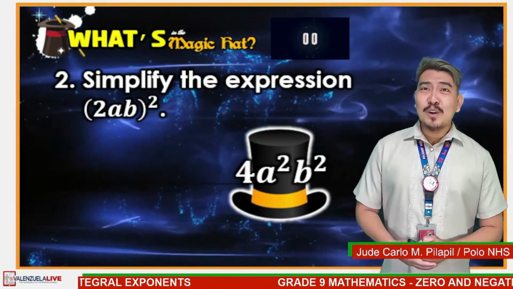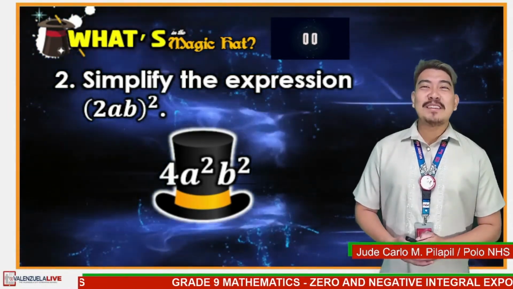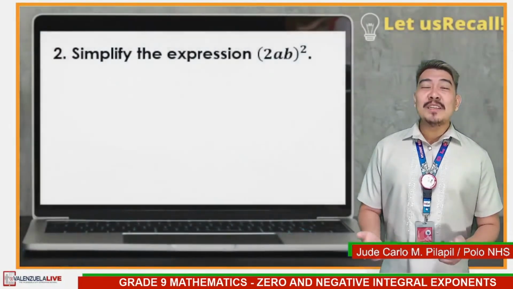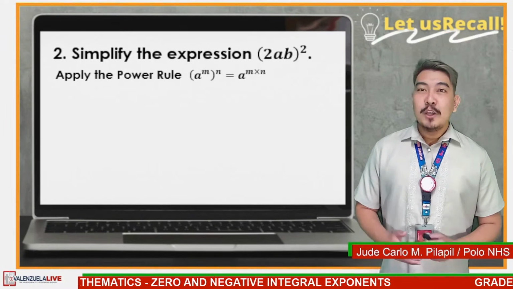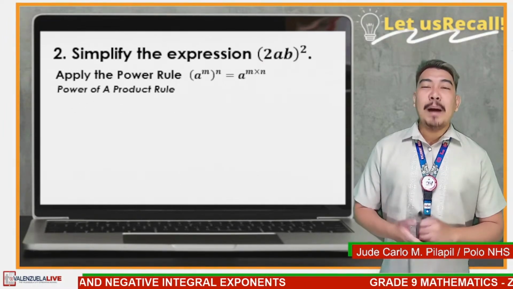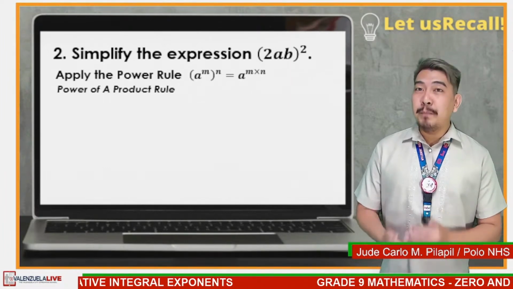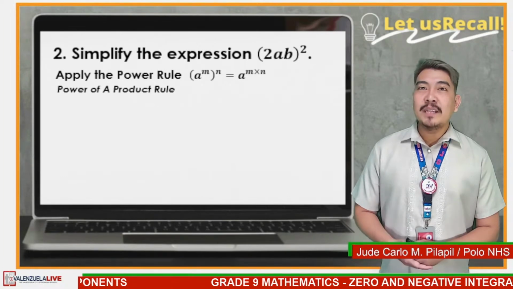Is your answer 4a squared b squared? That is perfect. The expression can be simplified using the concept of the power rule. To be specific, the power of a product rule. If a power is raised to another power, copy the base, then multiply the exponents.